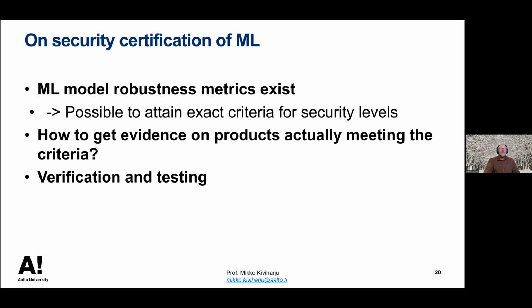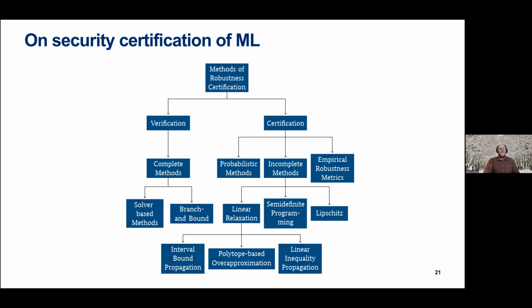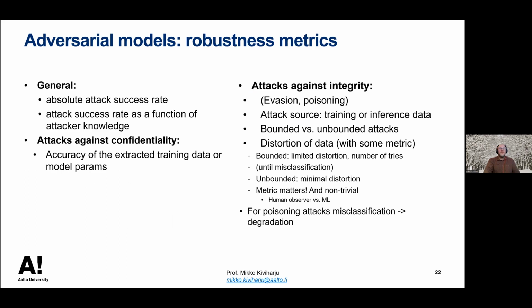And there are some methods already, or proposed methods, for adversary models. There are general metrics like attack success rate, and type-specific metrics, like against confidentiality, the accuracy of the extracted training data or model parameters from the point of view of the attacker.